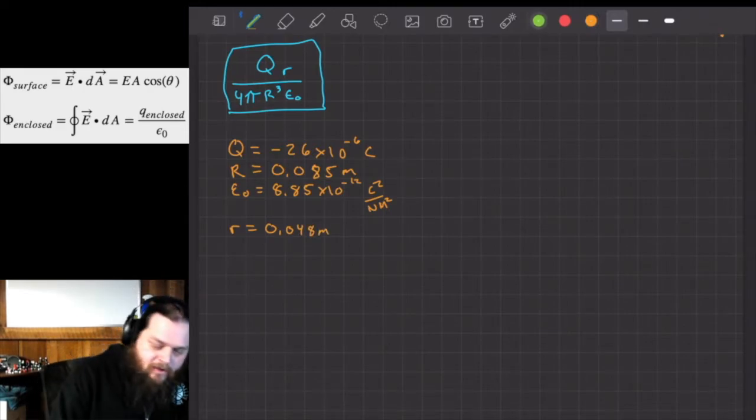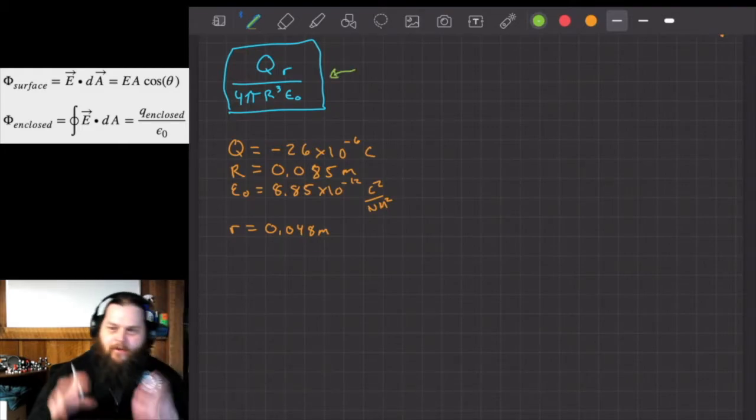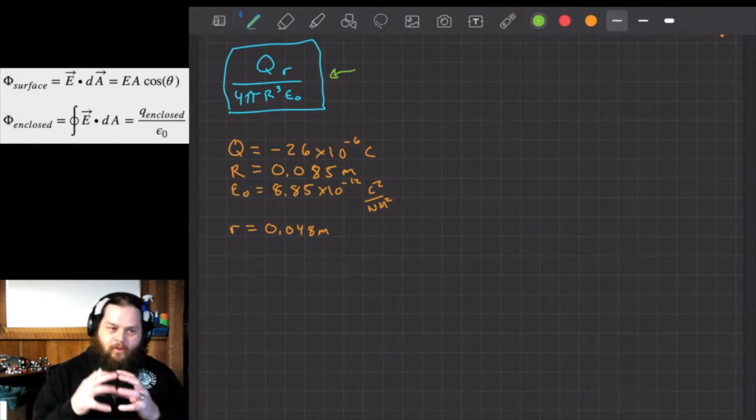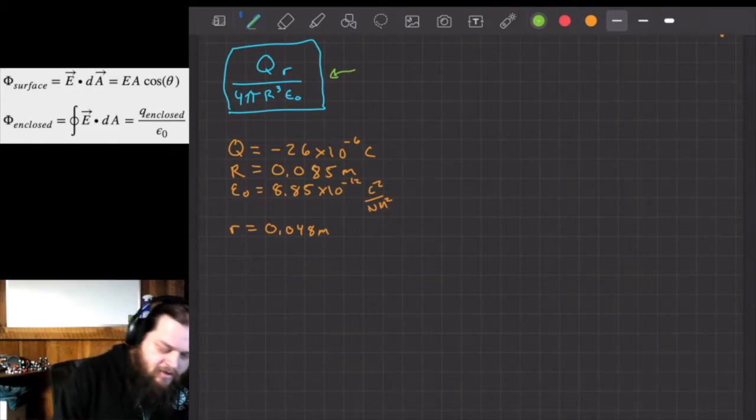And now we're going to plug those values into this. And this equation here only works if our Gaussian sphere is within the radius of the big sphere. So in this case it is, because this value here is smaller than that value there.